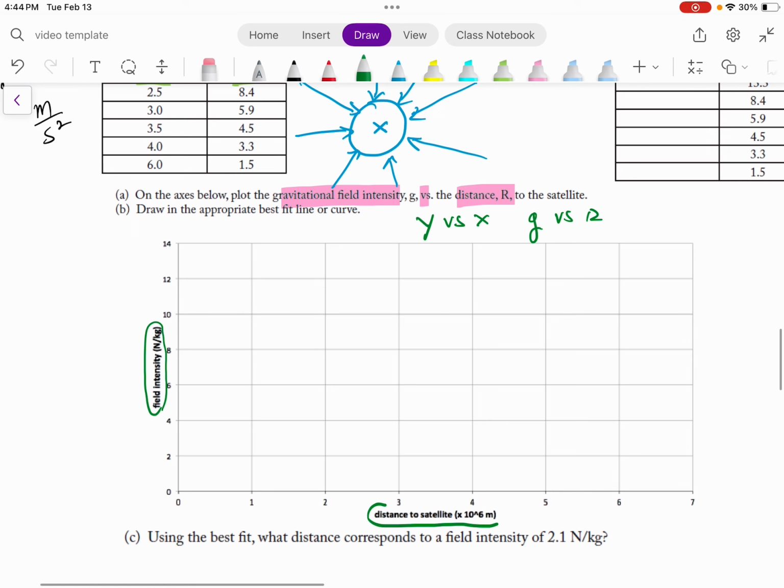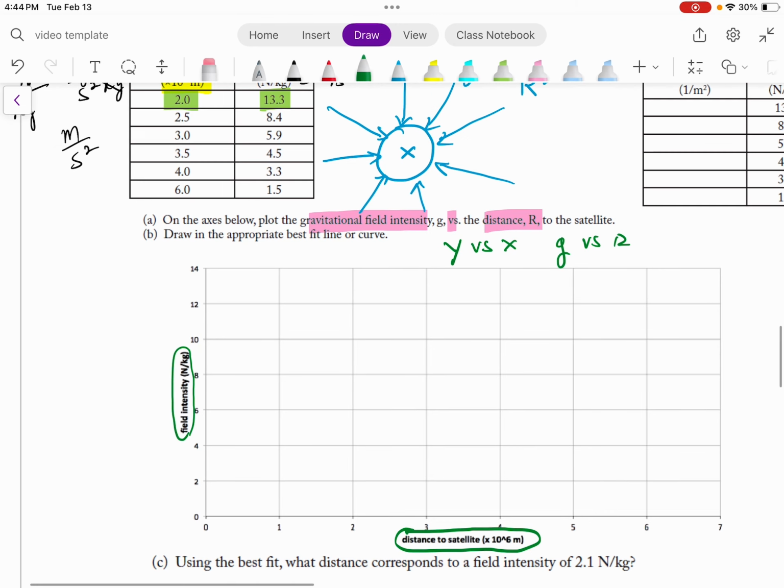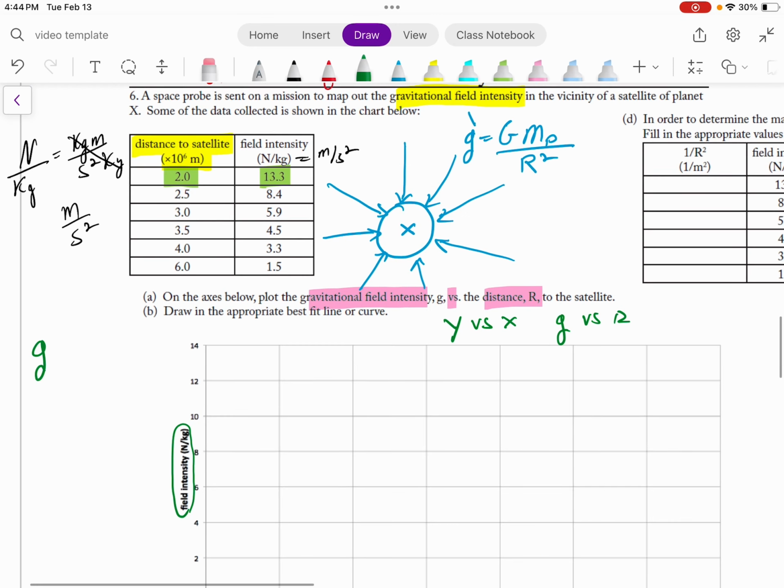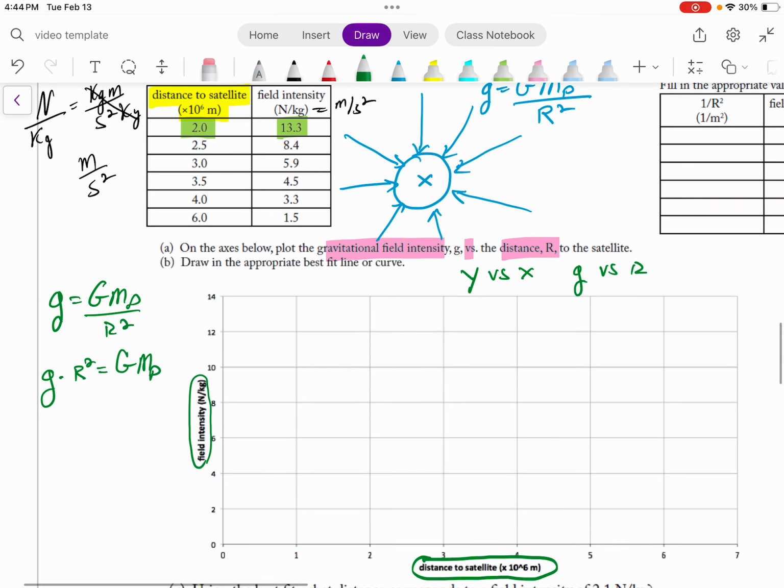Now I'm going to ask you the question before you start plotting that. Look at the value g equals big G times the mass of the planet over r squared. Move r squared over. g times r squared equals big G times mass of this planet. Now, remember what a straight line looks like?